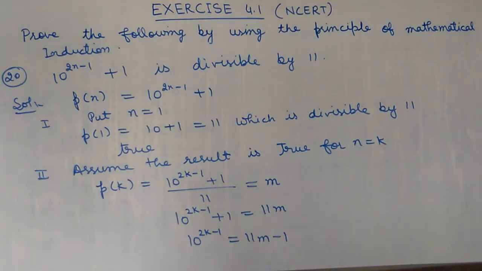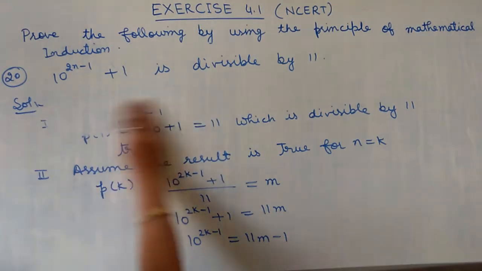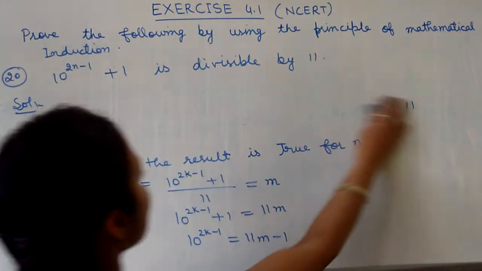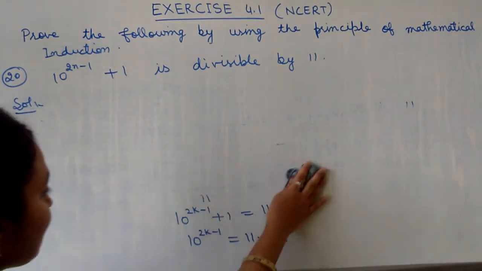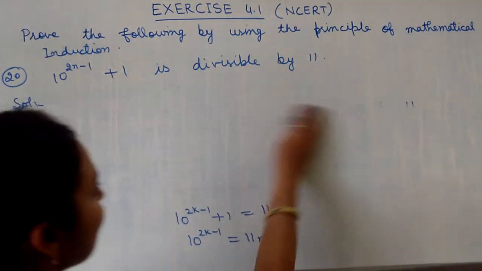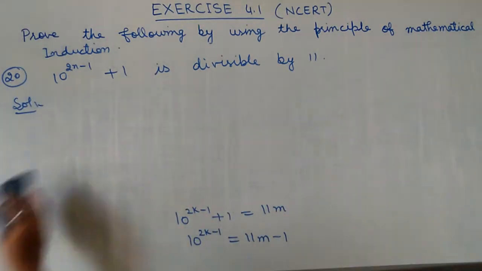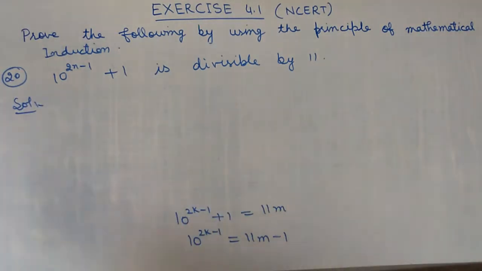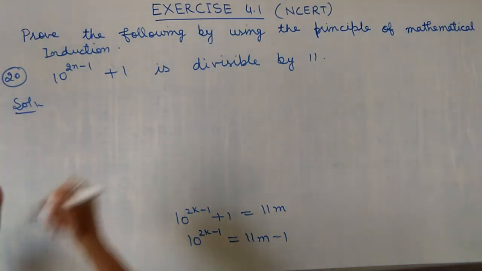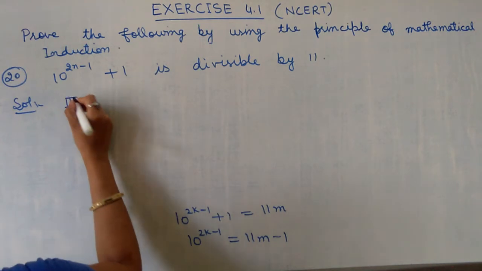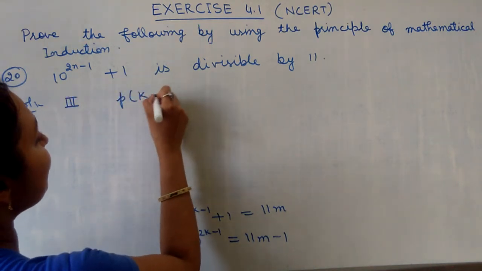So what is the third step? I will use the value which I have left on the board because I will use this in the third step. Okay, so how can you simplify it? You have to prove for k plus 1.